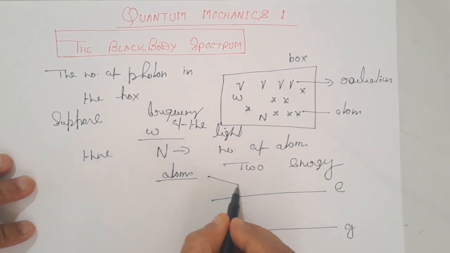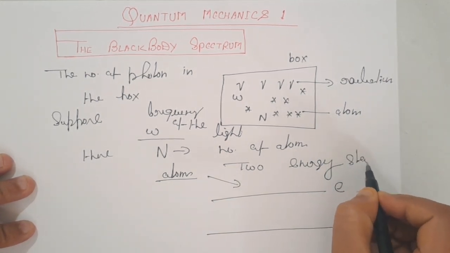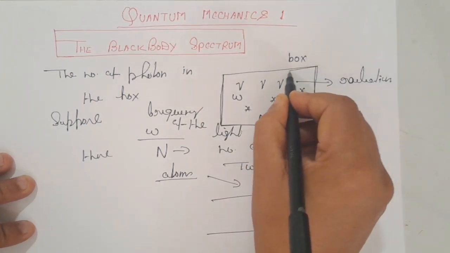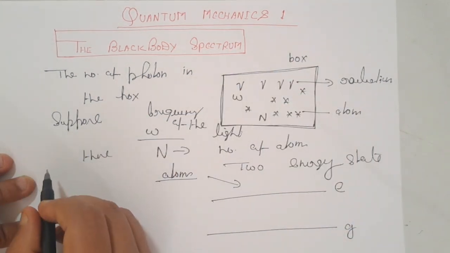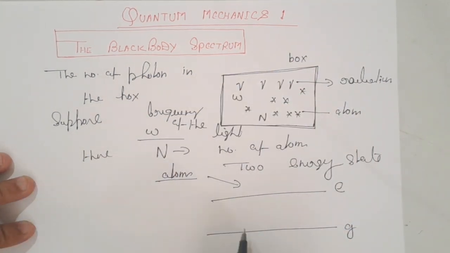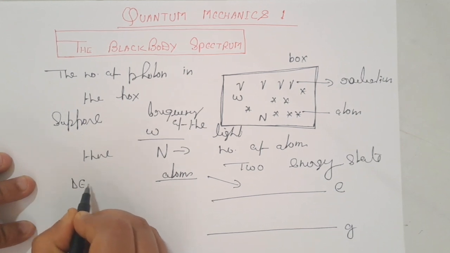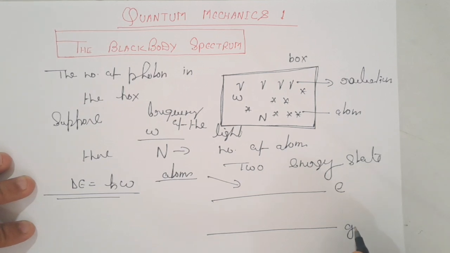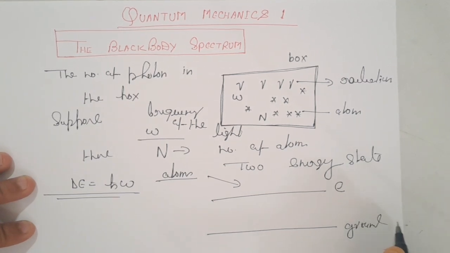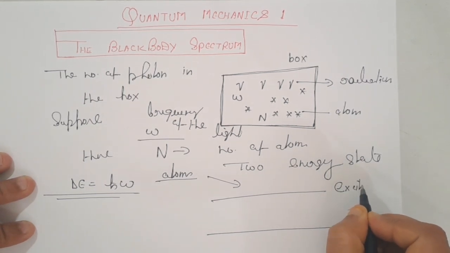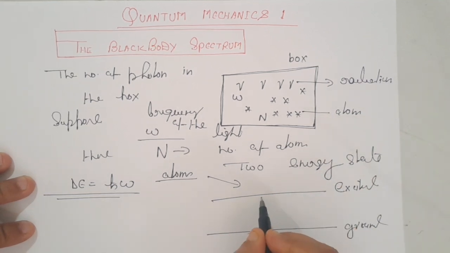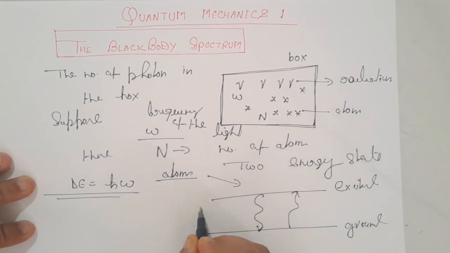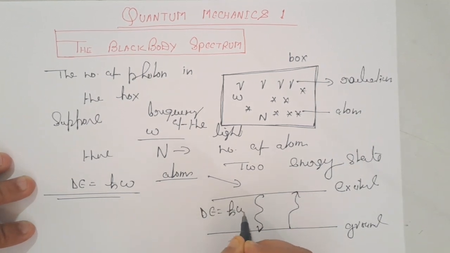So these atoms have two energy states in the box, and the energy separation between these two energy states is delta E equal to h bar omega.